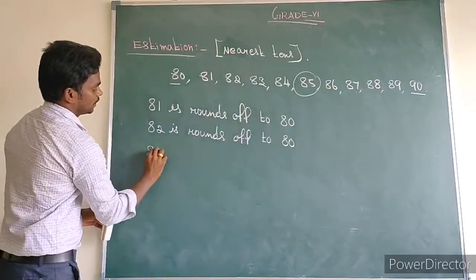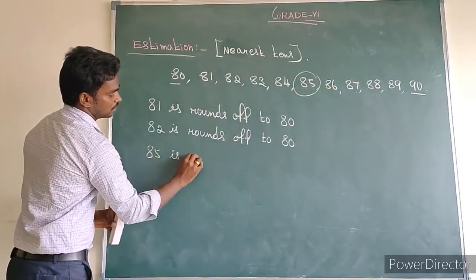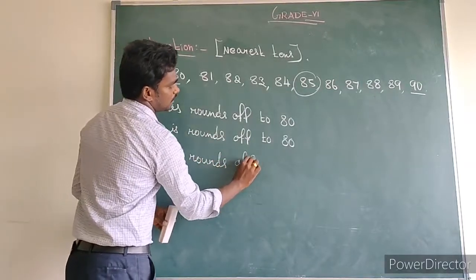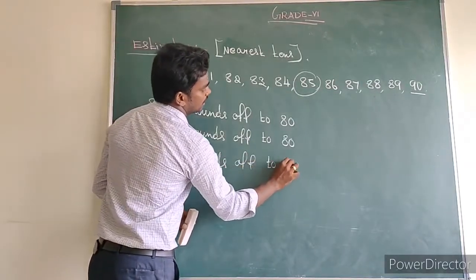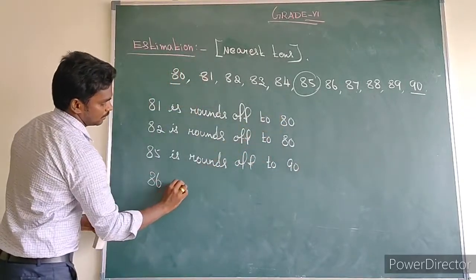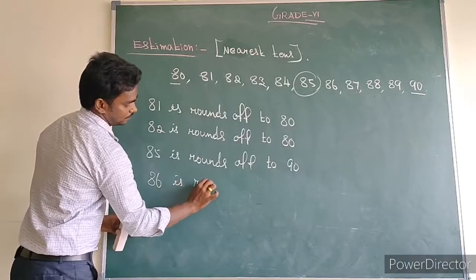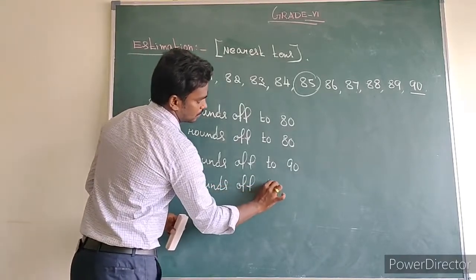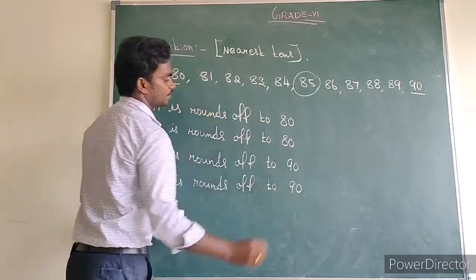So 85 rounds up to 90. What about 86? 86 rounds up to 90.